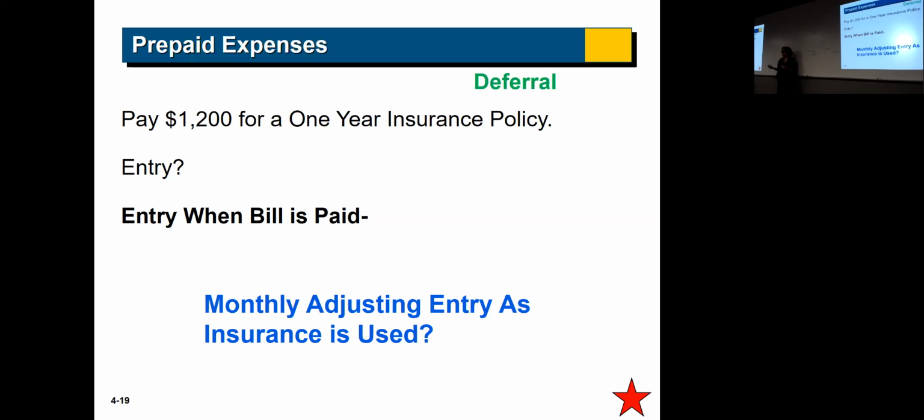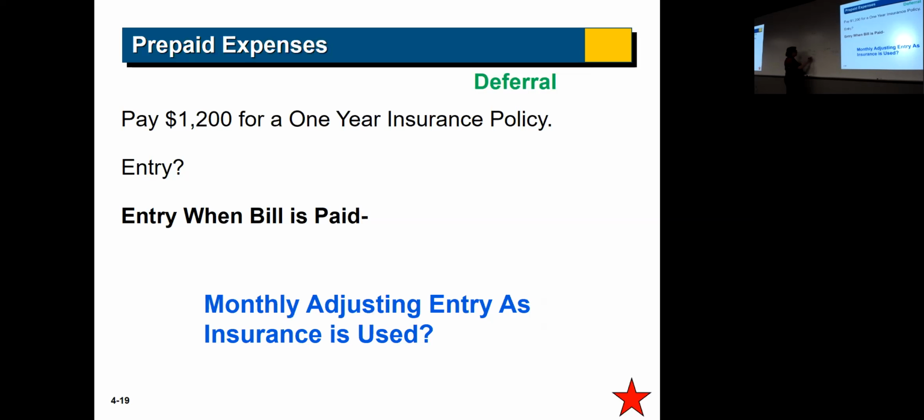Now to do the adjusting entry, you're going to take the amount and figure out how long it's good for. This says it's good for a year. So what's 1,200 divided by 12 months? $100 a month. So we're going to have to do an adjusting entry every month for 12 months.